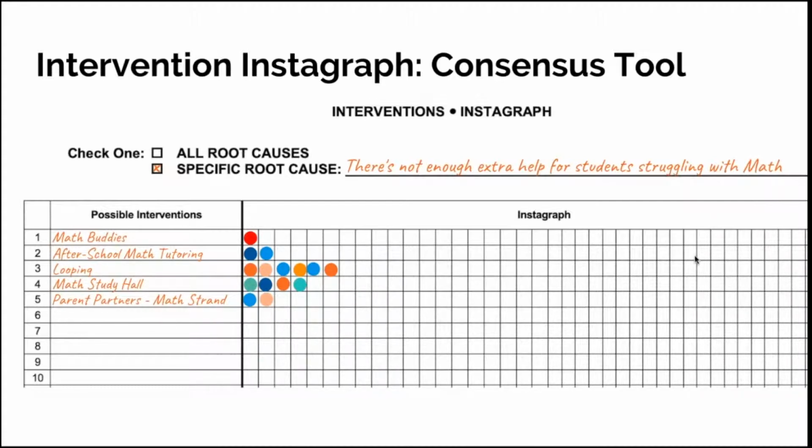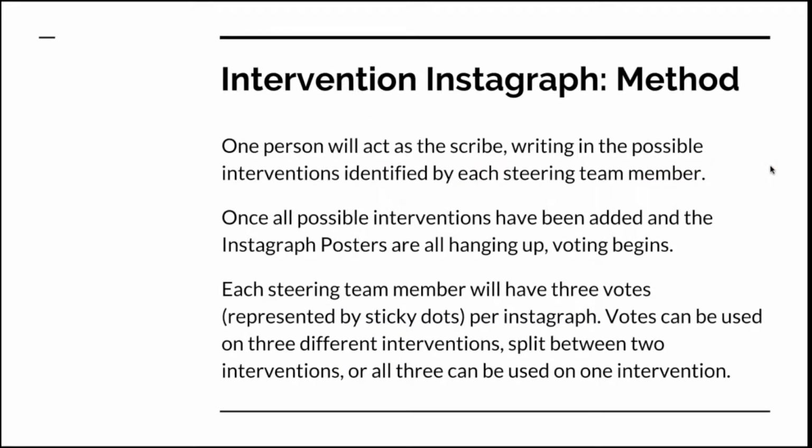I'm going to go to the next slide to talk about the method for this. One person acts as the scribe, writing in the possible interventions identified by each steering team member. Once all possible interventions have been added and the Instagraph posters are all hanging up, the voting begins. Each steering team member will have 3 votes represented by sticky dots per Instagraph.